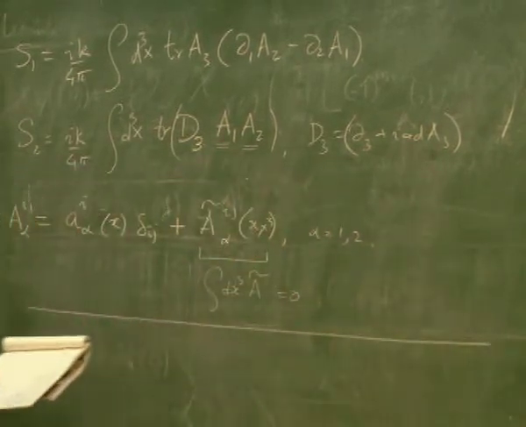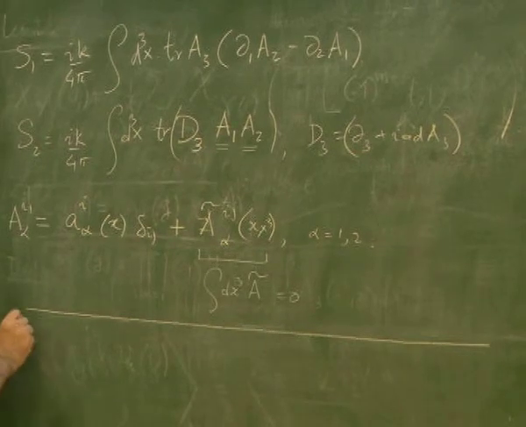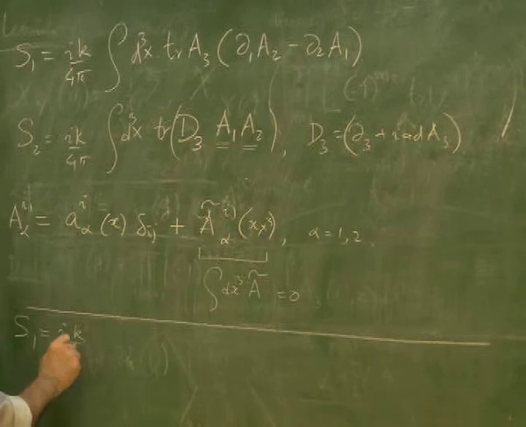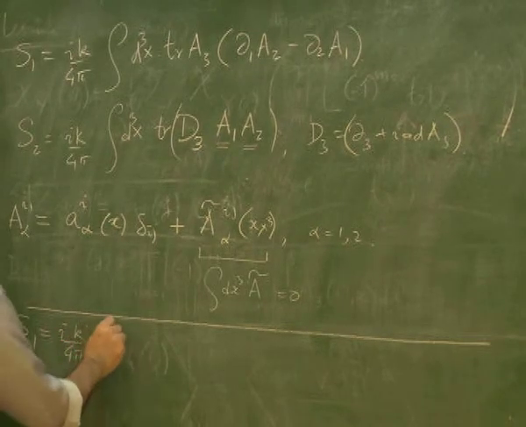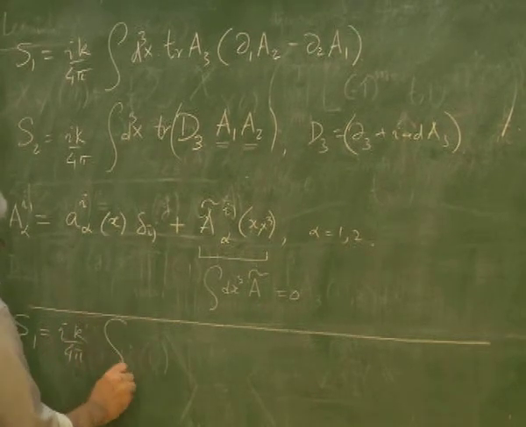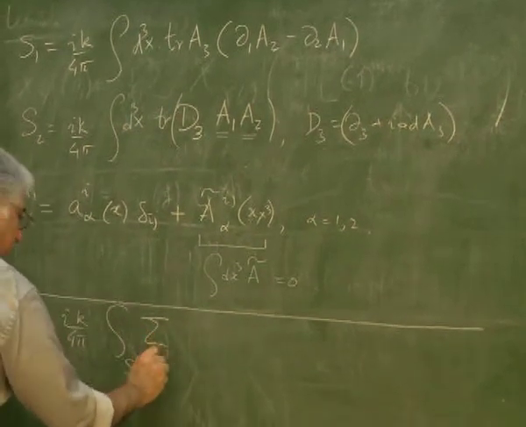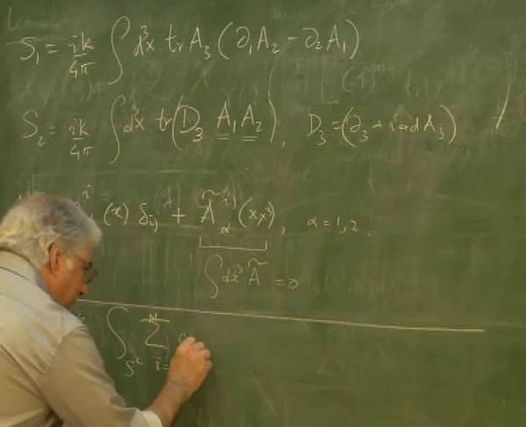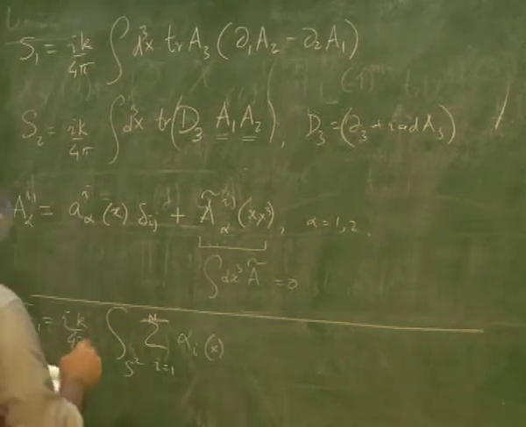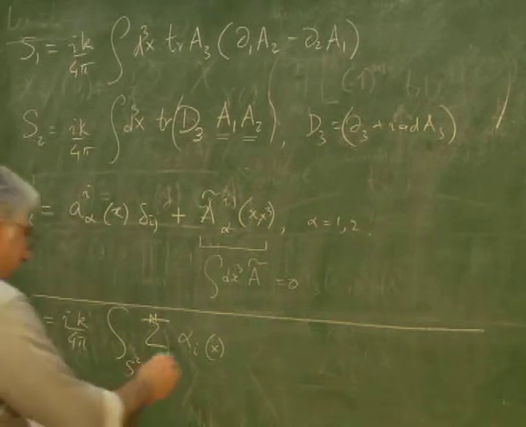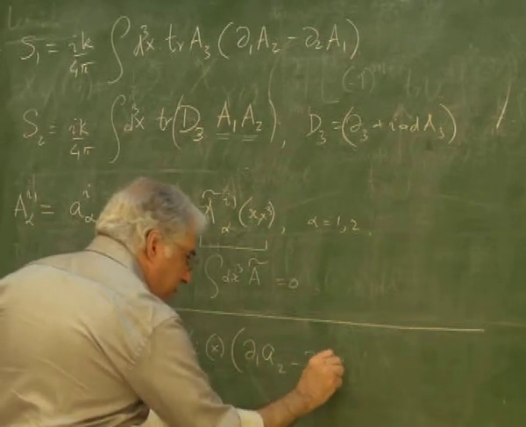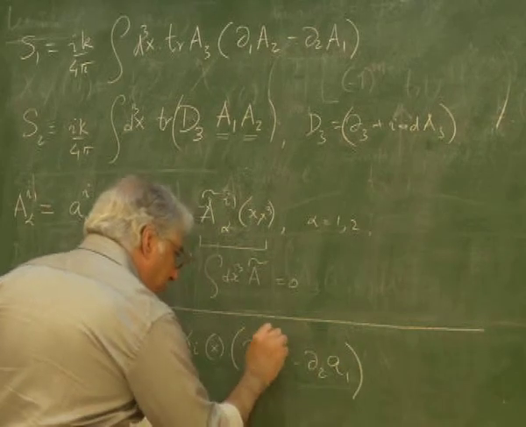So S1 then turns out to be i times k upon 4 pi. You have an integral over S2, sum over i from 1 to capital N. The eigenvalues alpha i of x and D1 A2 minus D2 A1 i.